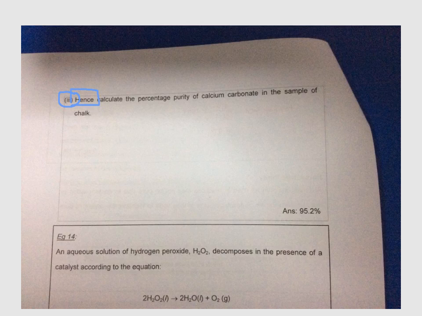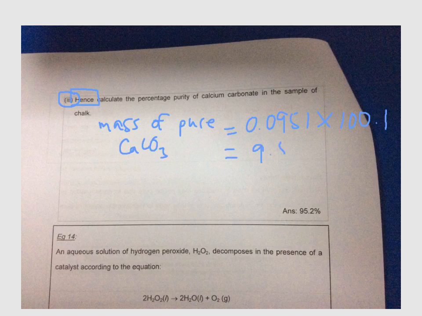And from there, you can actually calculate the mass of pure calcium carbonate, correct? Which is equal to 0.0951 times the MR of calcium carbonate. If you calculate, you will realize that it's 100.1. If you cannot calculate this MR of calcium carbonate, come and see me. So from here, you should be able to get 9.5195.